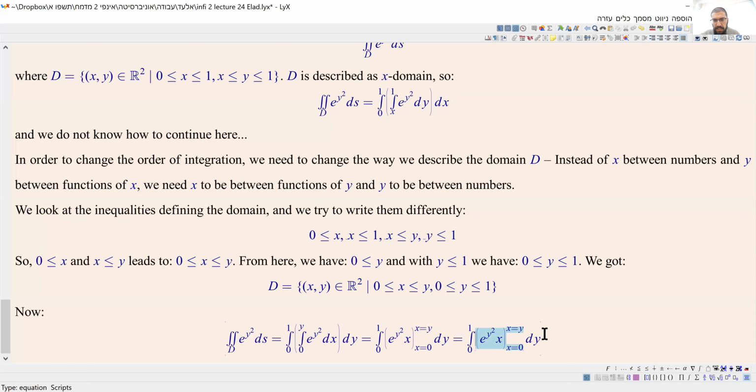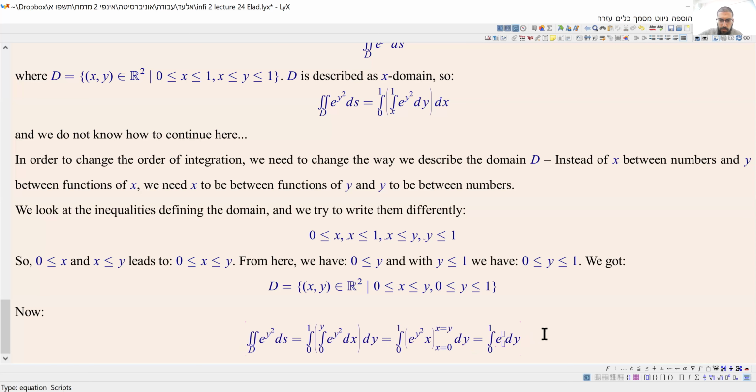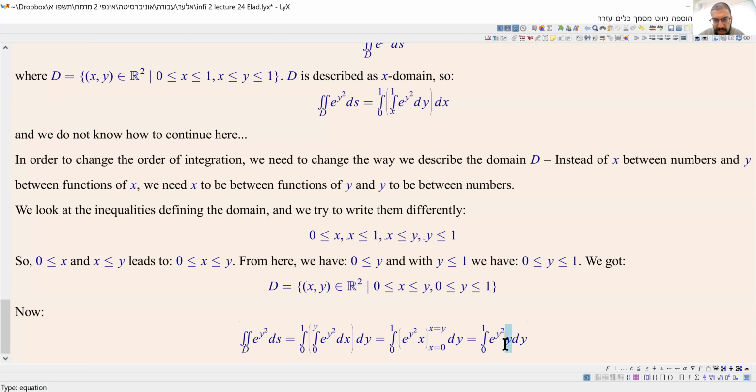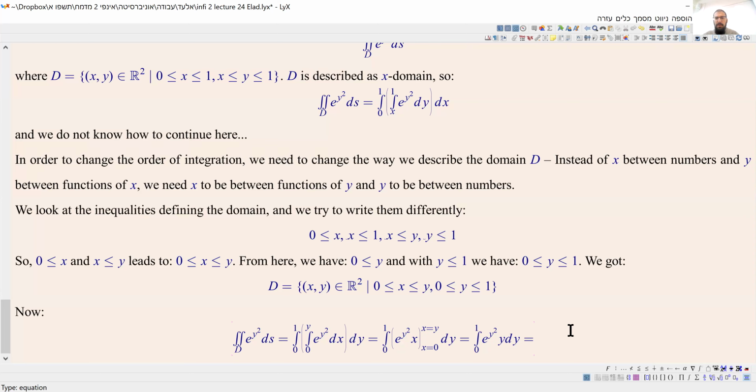And for y, we get e to the y squared multiplied by y. A small difference, but one that changes everything. Here e to the y squared is multiplied by y, which happens to be the inner derivative, so we know the elementary antiderivative.